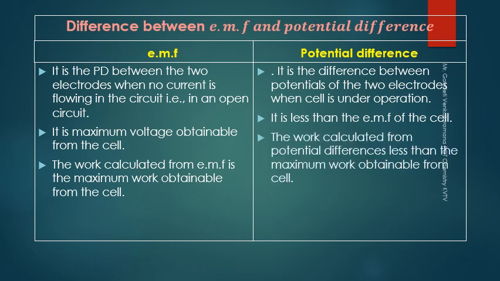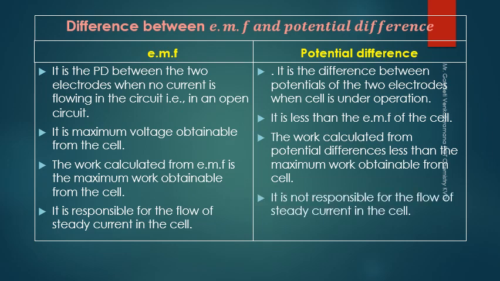The work calculated from potential difference is less than the maximum work obtainable from the cell. EMF is responsible for the flow of steady current in the cell. Potential difference is not responsible for the flow of steady current in the cell. So differences between EMF and potential difference have been mentioned here.